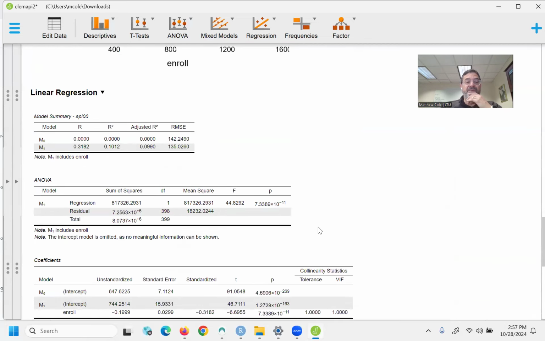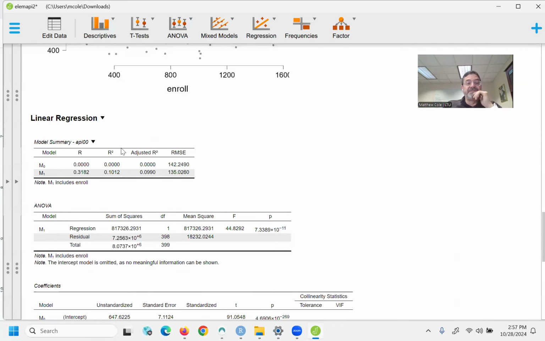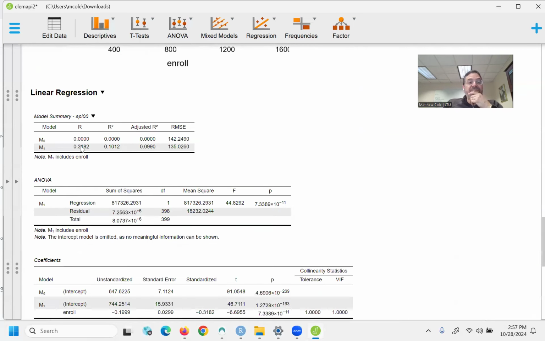So let's go through what we have here. Here's our linear regression. So we've got here a model summary. And in the case of model 0, that's no predictors being added. So there's no R square. Remember, R square is the effect size, or R square is exactly the correlation squared.